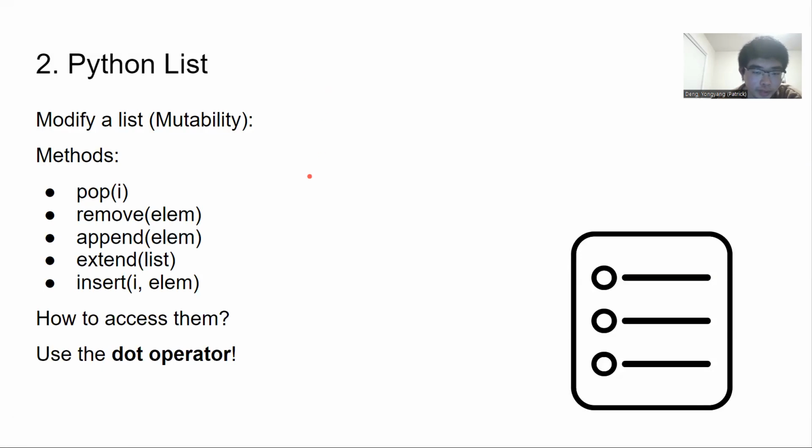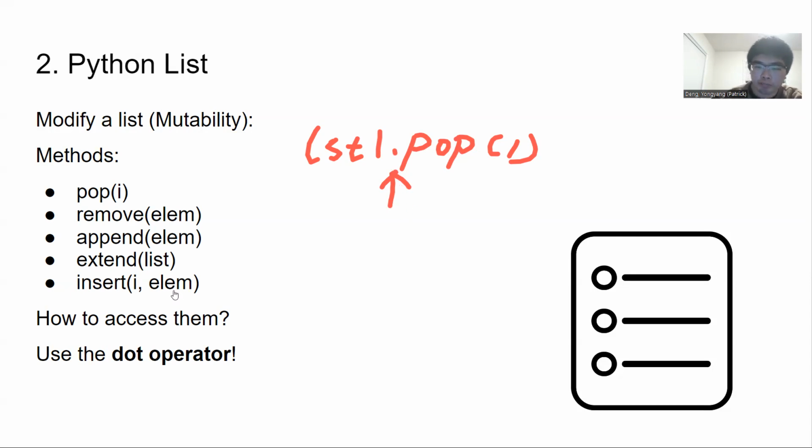Suppose I want to modify this list and use pop. The dot is the operator, which means that we want to use the method, because this is actually an object, a built-in object in Python, and the method can be a member function of the list object, which is the property of the list.